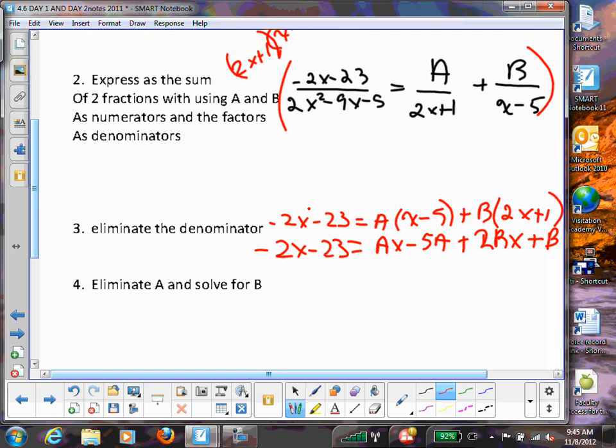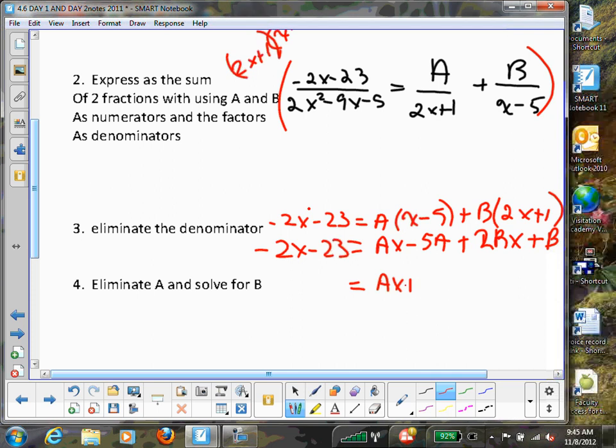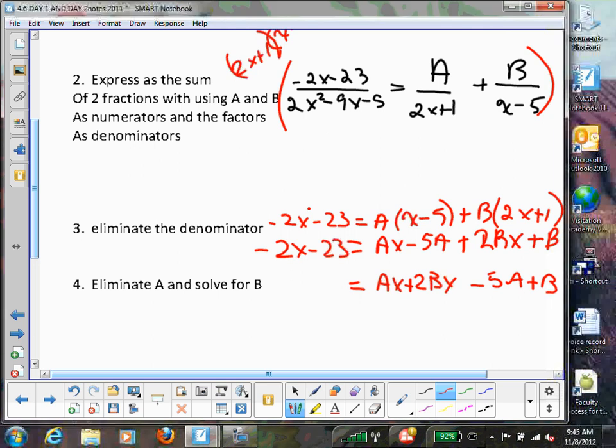Okay, now we're going to get our x's together on the right side and the terms without x's together. So I'm just going to say that this is the same thing as saying ax plus 2bx, correct? And negative 5a plus b. All I did was rearrange the right side. Got my x's together and my nothings.